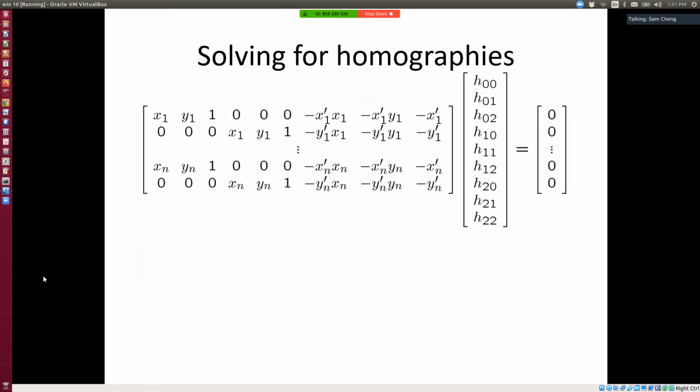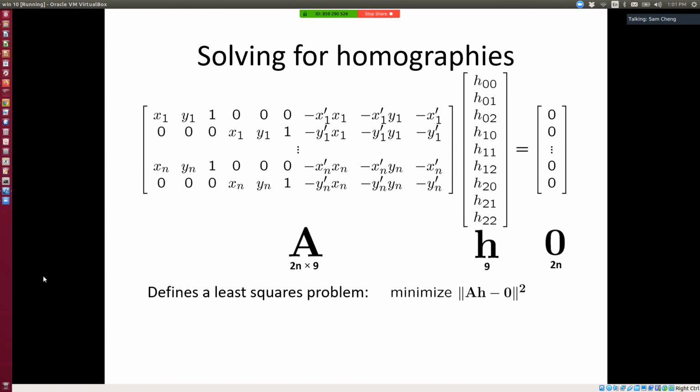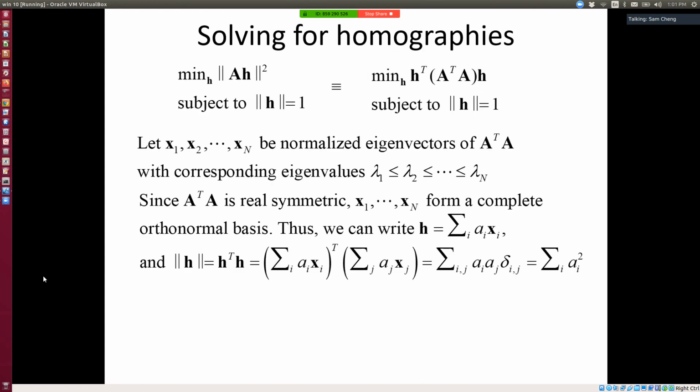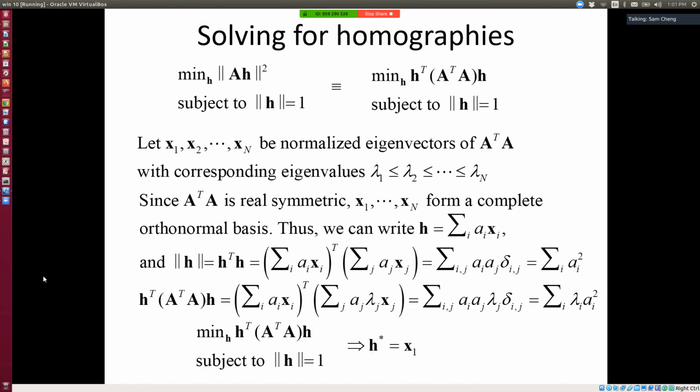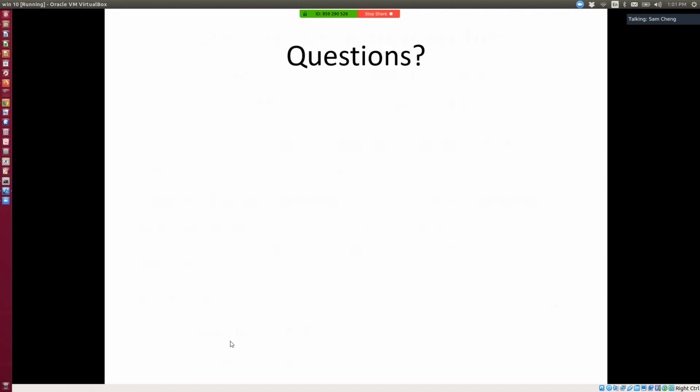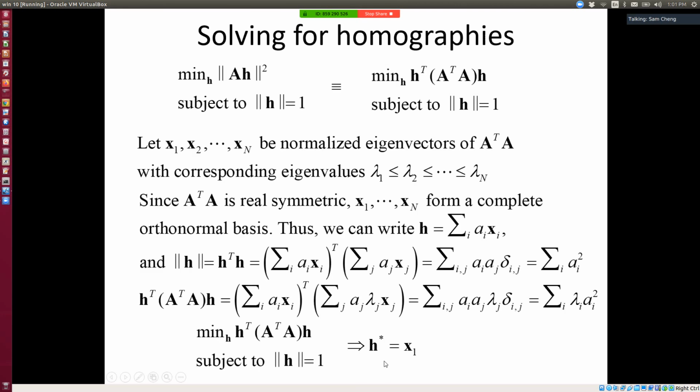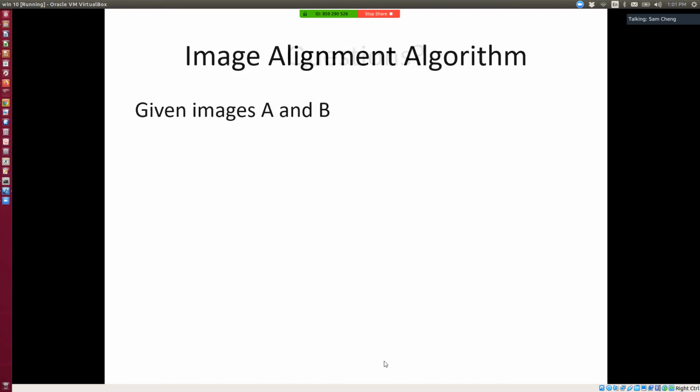So we mentioned that if we solve for homography, then we have something like that. Instead we should solve for this, which essentially gives us the eigenvector of A transpose A with the smallest eigenvalue.